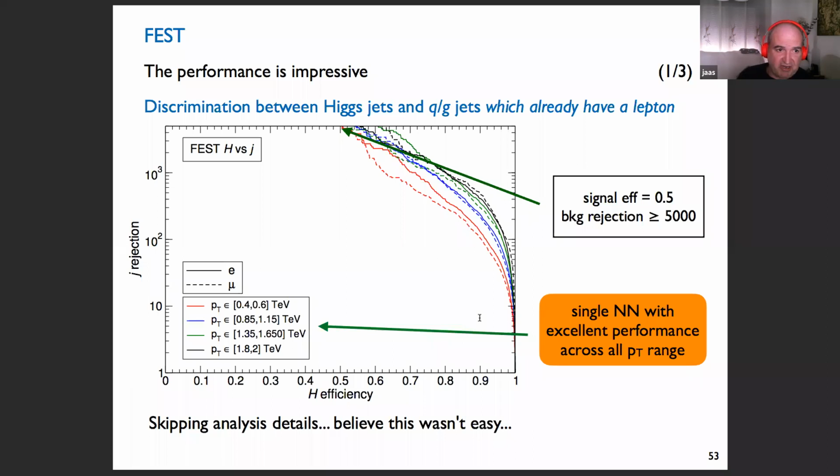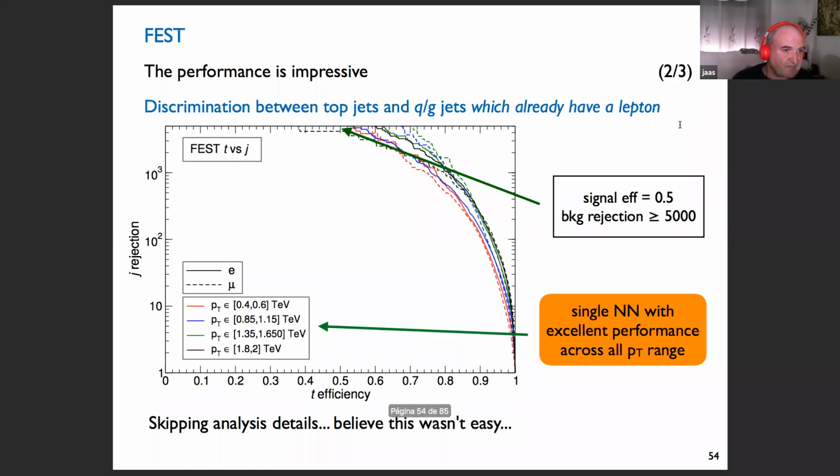This is what I show here. And you see that for an efficiency of 0.5, you get a rejection above 5,000 for jets that already have a lepton, which are scarce. Keep it in mind. You get a huge rejection of QCD jets, and the neural network performs wonderfully. I will skip the details, but it wasn't easy, as I say.